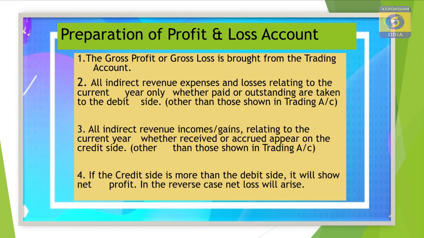That means we will take into account only all those indirect revenue incomes and gains which did not go to the trading account. And finally, after posting all of these balances, we will again take a look at the credit side. If the credit side is heavier than the debit side, there will be a net profit, and if the debit side is heavier than the credit side, then there will be a net loss.